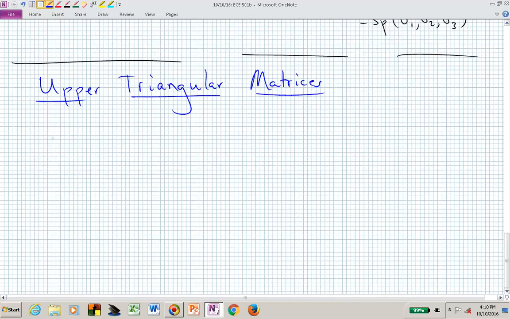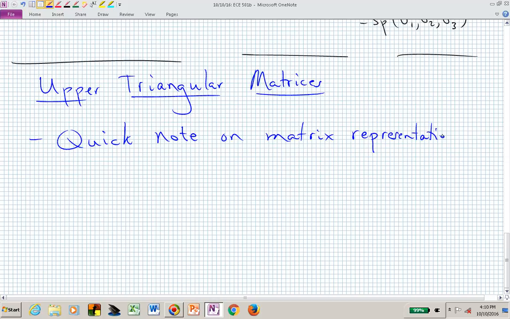Let's look at some observations or maybe some quick notes on the matrix representation of an operator. If we're dealing with an operator, what do we know about the matrix representation of that operator?